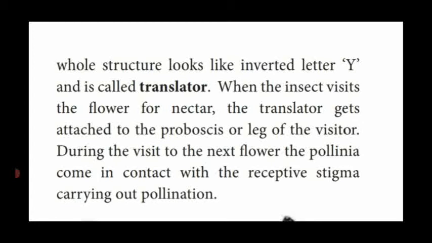The pollinia stuck to the proboscis or leg come in contact with the receptive stigma of the other flower. Thus pollination takes place in the Calotropis plant. This is said to be the translator mechanism of pollination in Calotropis.